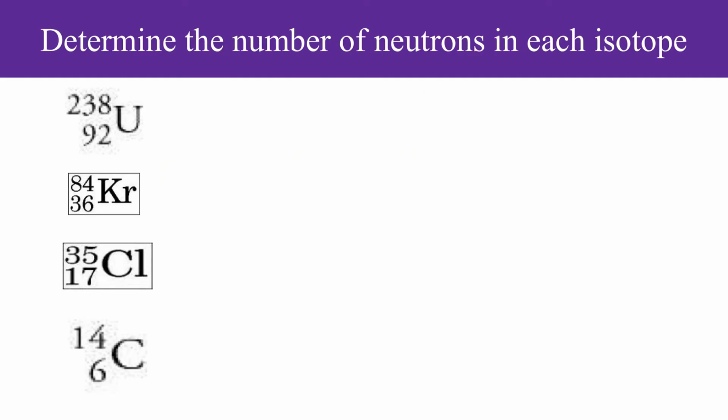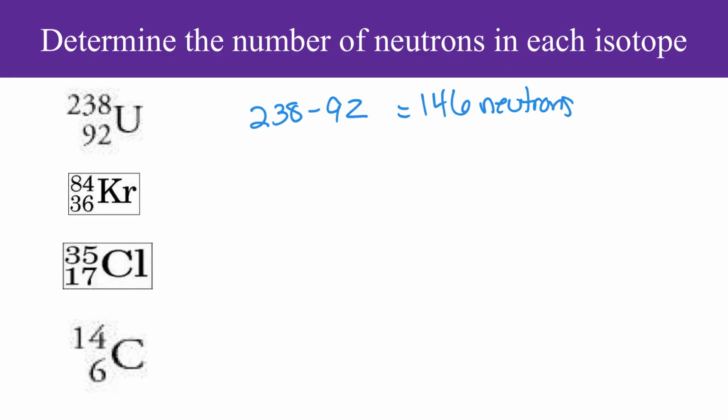So in this example, determine the number of neutrons in each isotope. For uranium-238, we would do 238 minus 92, which is equal to 146 neutrons.